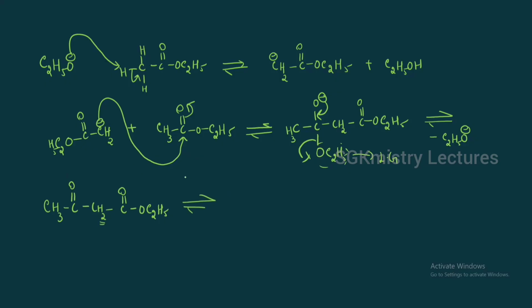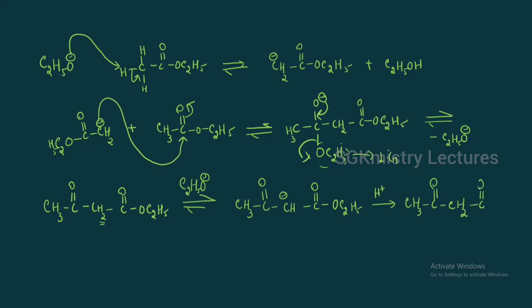In the presence of this base, C2H5O minus, one of the hydrogens can be abstracted, and you get CH3, C double bond O, CH minus, COOC2H5. On acidification, we get CH3COCH2COOC2H5, which is the beta keto ester, or to be specific, ethyl acetoacetate, obtained as a product by the Claisen condensation reaction of 2 moles of ethyl acetate.